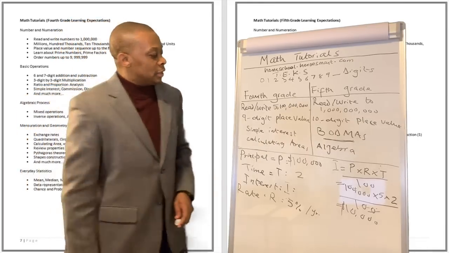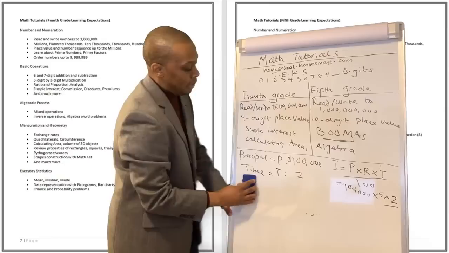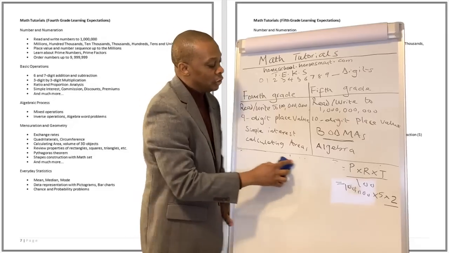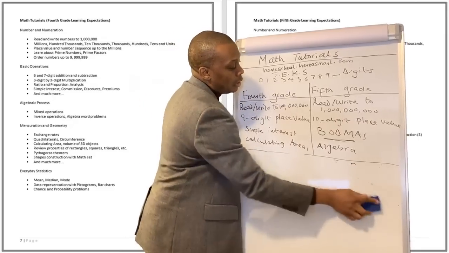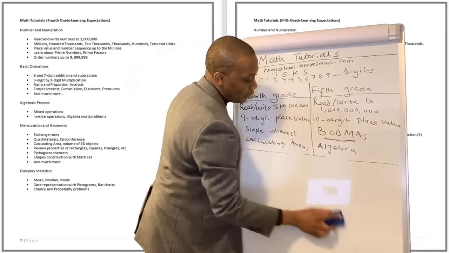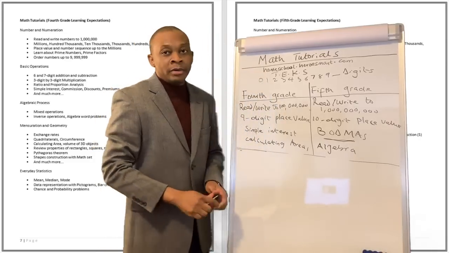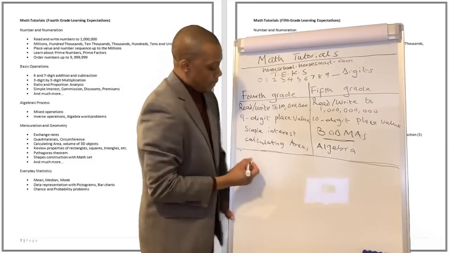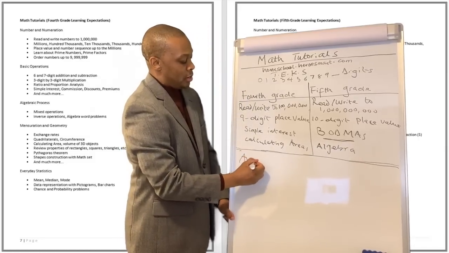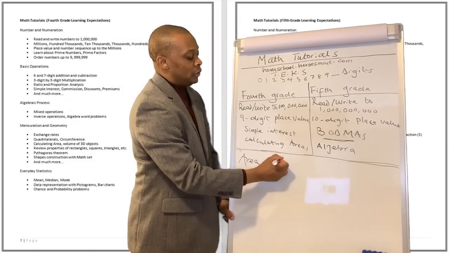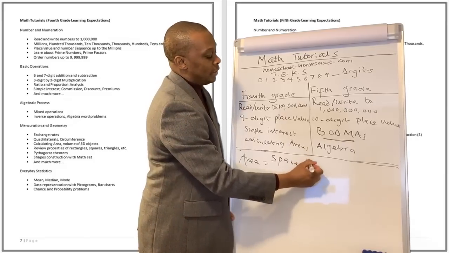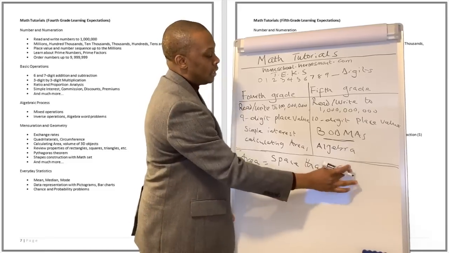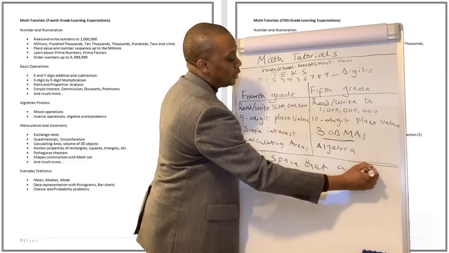All right, so let's talk about calculating areas right now. Let's talk about another mathematical concept, especially one that's going to be foundational for geometry. You've got to understand how to calculate areas, and area is the space that a two-dimensional object occupies.